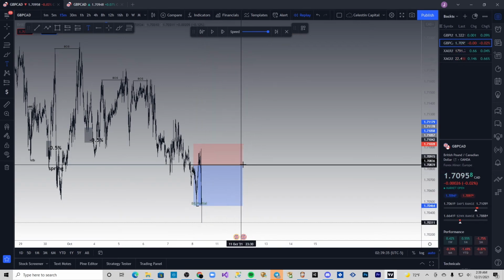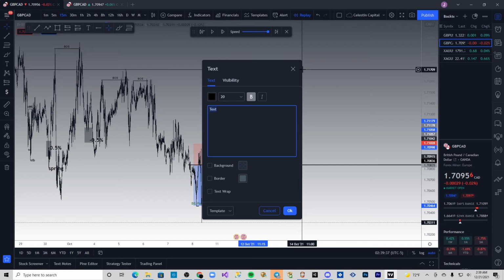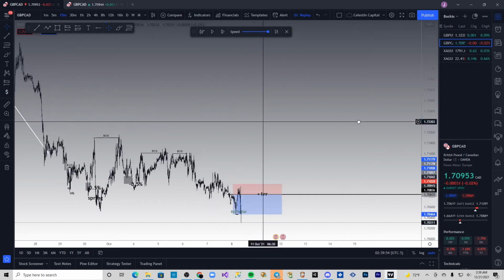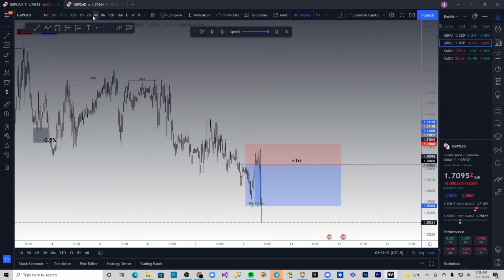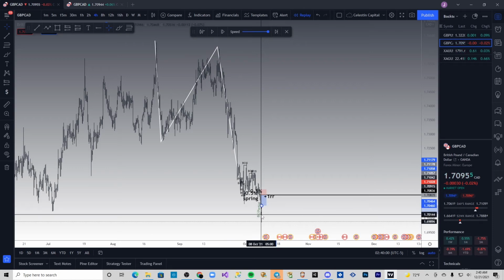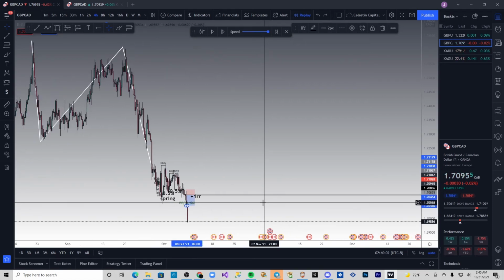And this is a 1 to 2 RR. So if we multiply 2 by 0.5, it's actually 1. So we've secured plus 1 RR for now. Plus 1 RR right now. And we are going to continue to partial along the way. Again, we're making sure we're securing profits from the market.